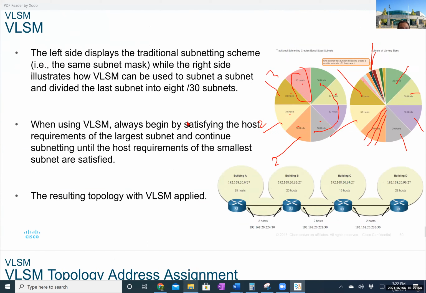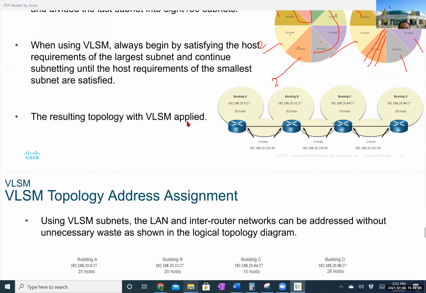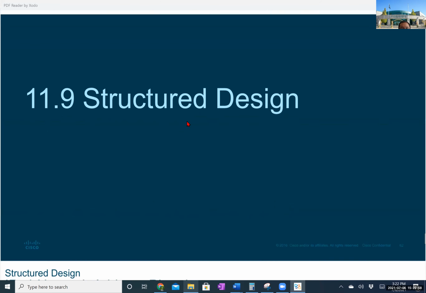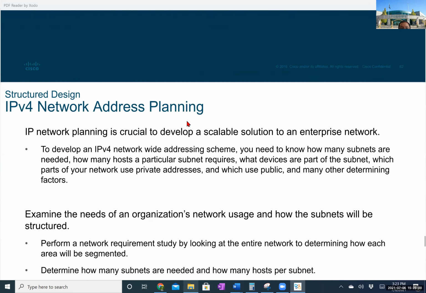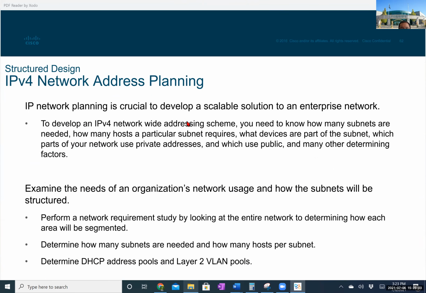Okay, so now we know how to work with the variable length subnet mask. Now we move to the structure design. Normally IP network planning is very important to develop a scalable solution for the enterprise network. Think about it, you have a network, and you want to break it down depending on the department, right?